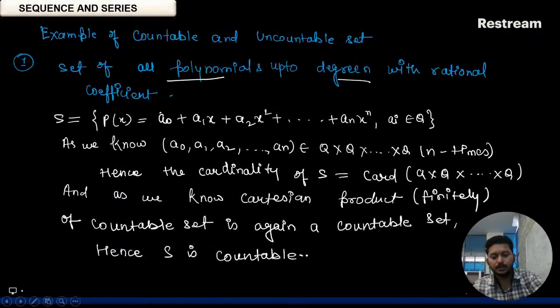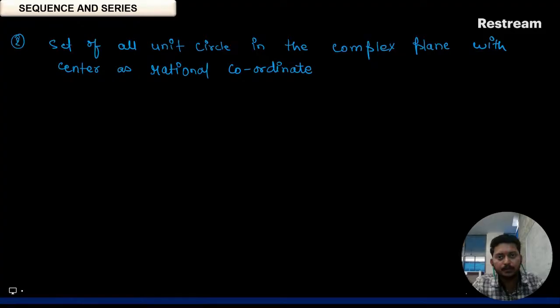Now move on to the next part: the set of all unit circles in the complex plane with center at rational coordinates. How can you prove this?